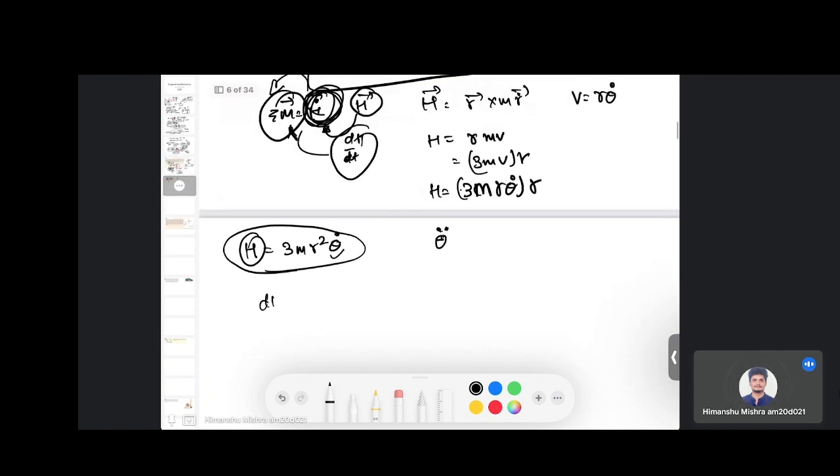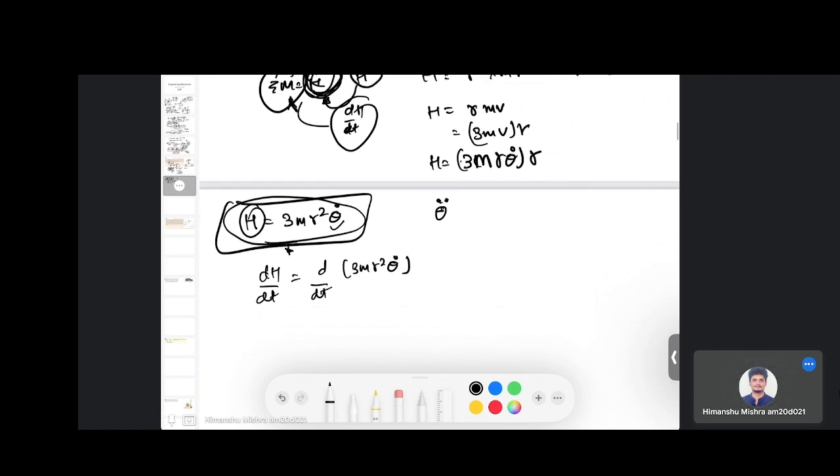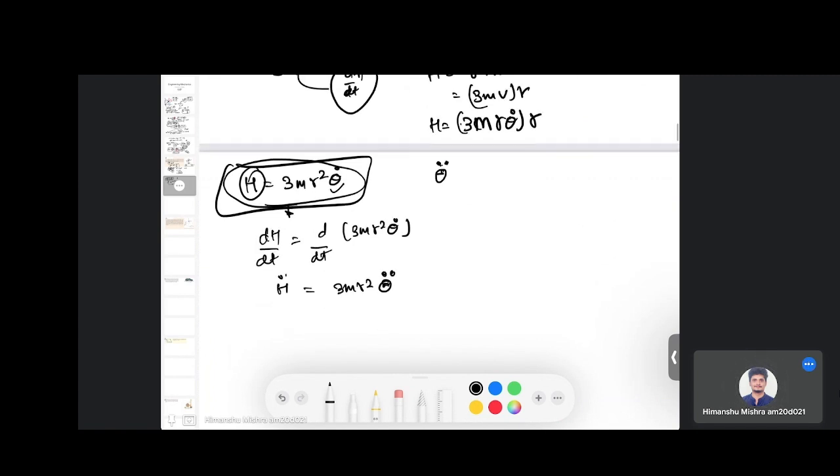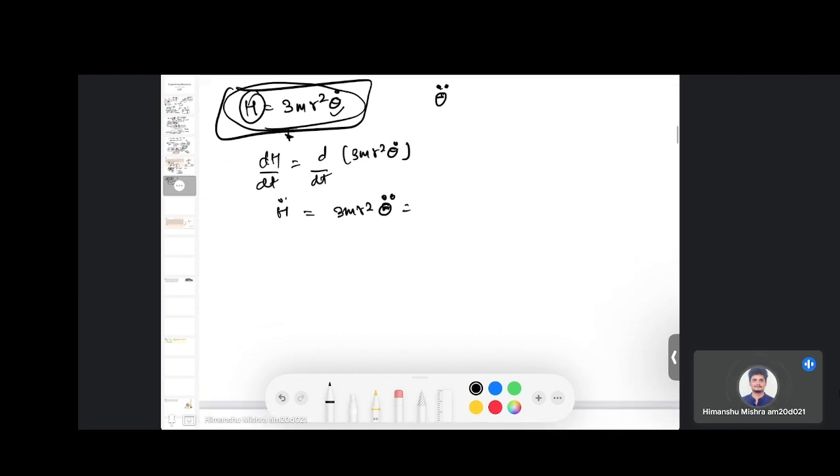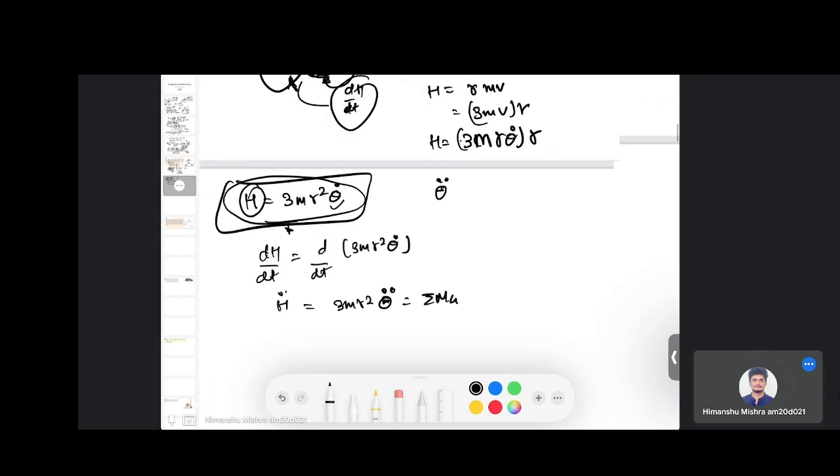So dh by dt, taking the time derivative of this expression, equals d by dt of 3m r square theta dot, which gives 3m r square theta double dot, and here it is equal to h dot, which is equal to the summation of moments at point G, right?